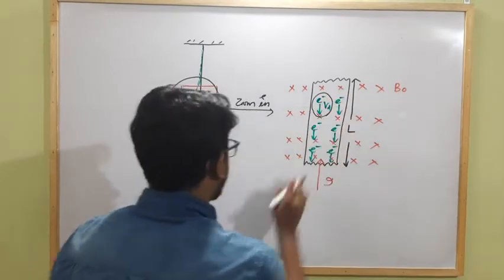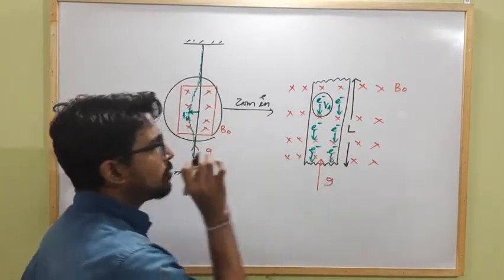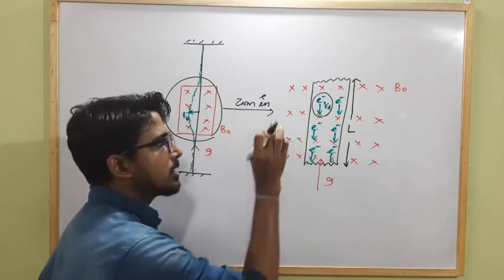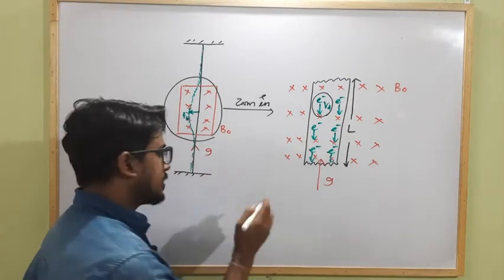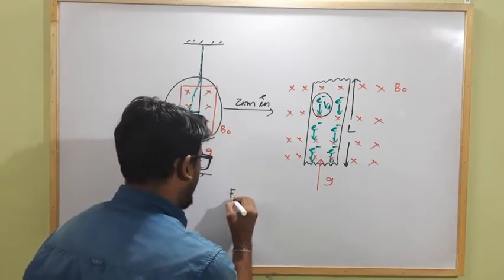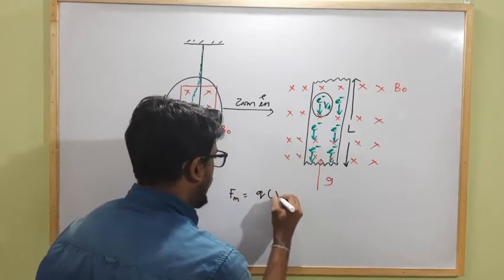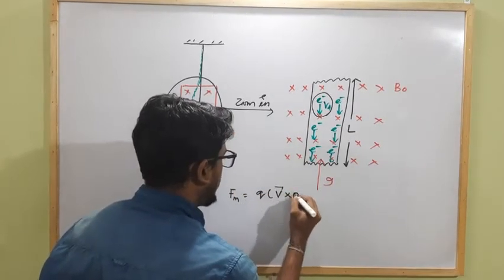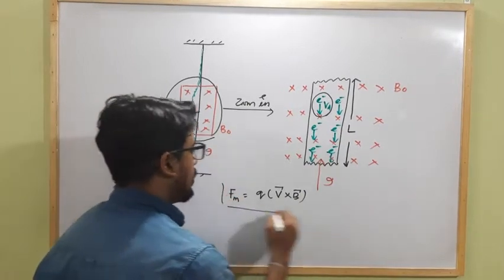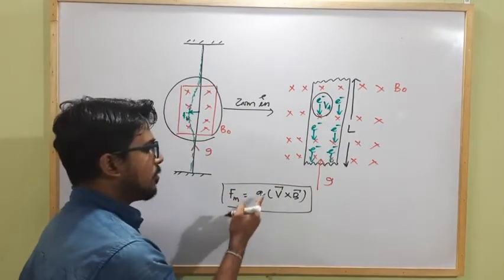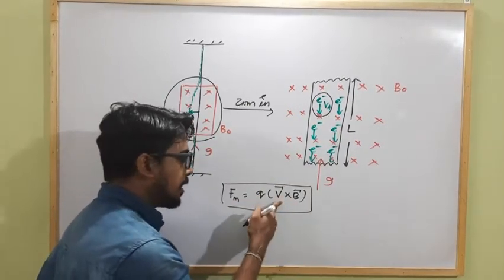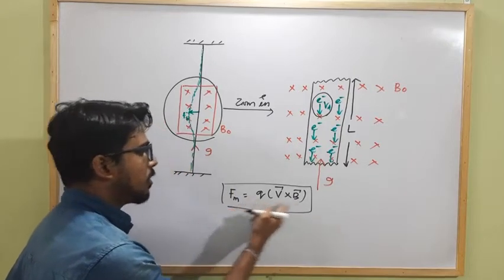Okay, so as we already know, a charge moving with a velocity in an external magnetic field experiences a force which is given by the magnetic force Fm equal to Q into V cross B. We already know about this. When a charge is moving in an external magnetic field with velocity V, it will experience a force equal to this much.